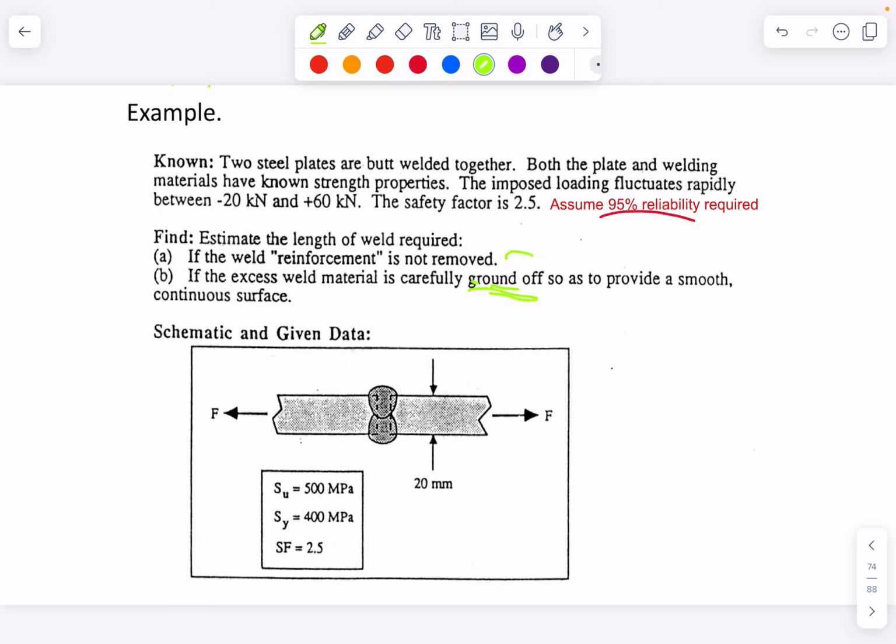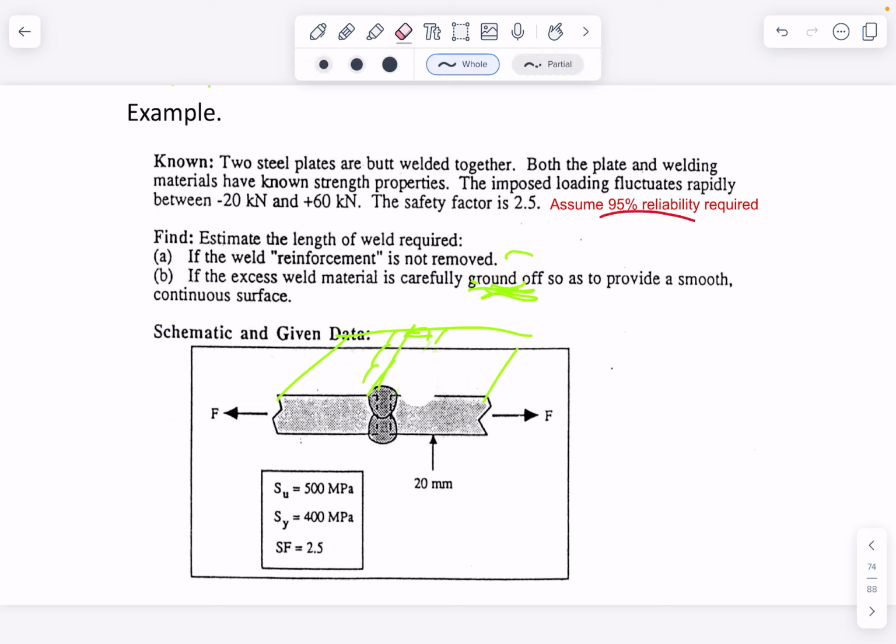Now, when we're talking about grinding it off, it's not just, pick up an angle grinder and go nuts. Because what you want to avoid is, if I can sort of three-dimensionalise this drawing a little bit, you don't want grinding marks running in that direction because they're just stress concentrations.